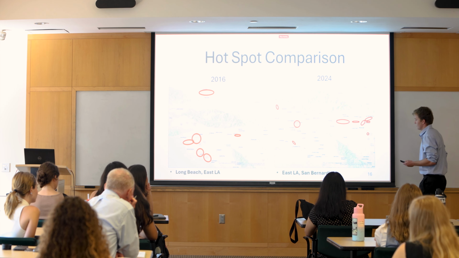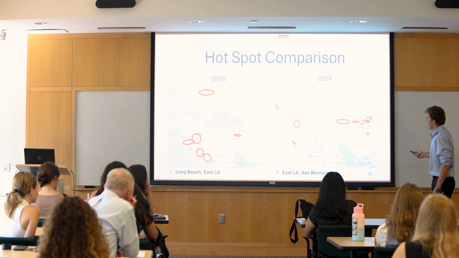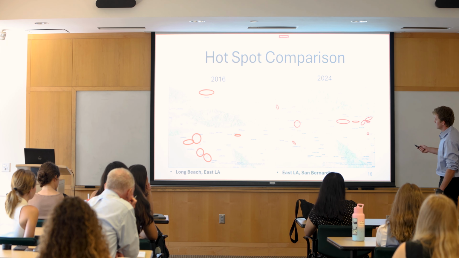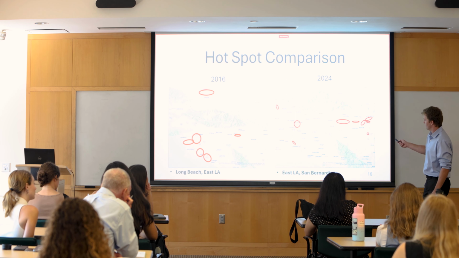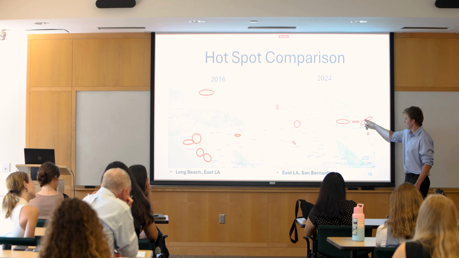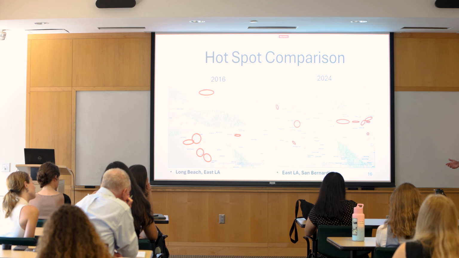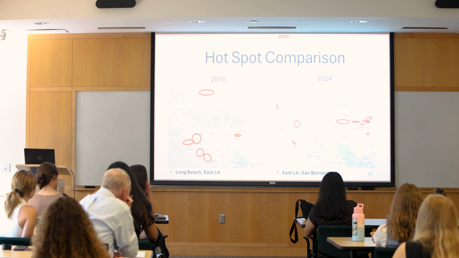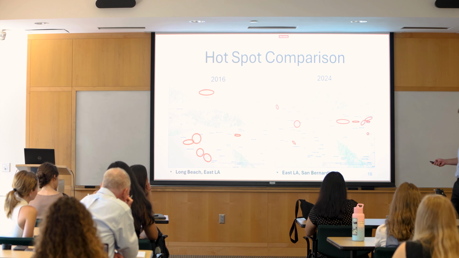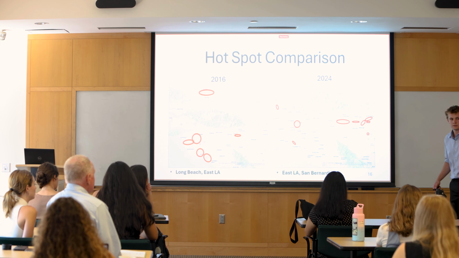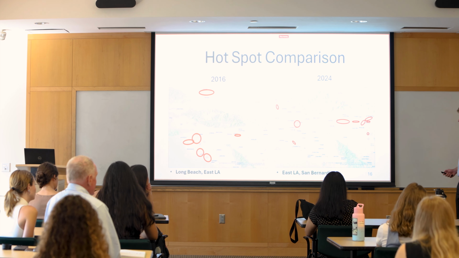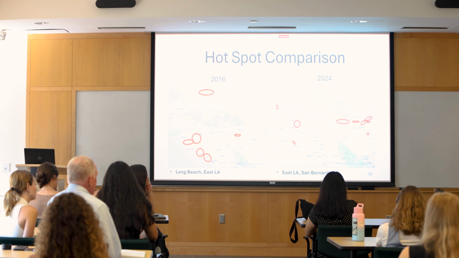I should do this with a pointer instead of blocking your view. There are two highways, I believe the 210 and the 67, and you're in between those valleys, so we could see it getting trapped in that valley between those mountains. But it wouldn't explain why we don't see it in 2016, because those highways were there in 2016. So it could be fire, but I couldn't give you a definitive answer.